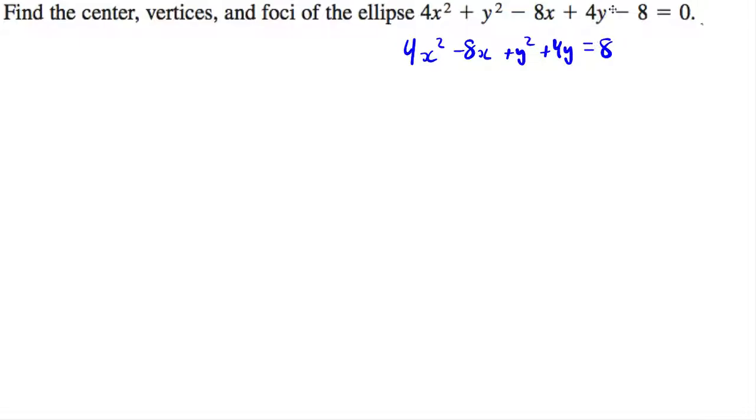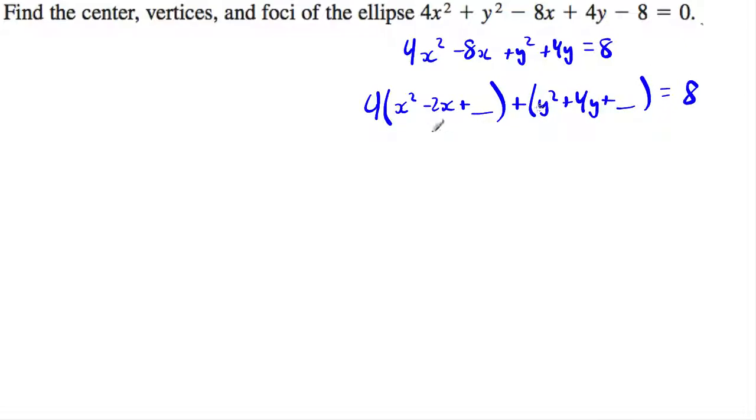And now what I can do is complete the square. So this is going to be 4 times x squared minus 2x plus something, plus y squared plus 4y plus something, equals 8.